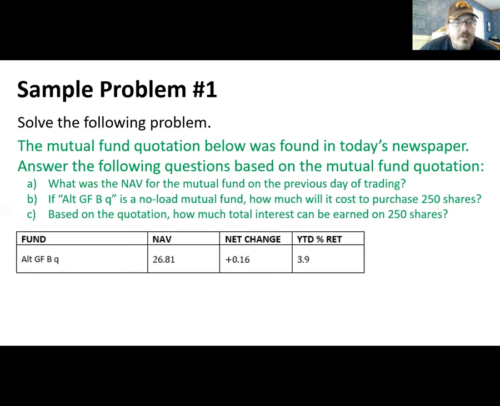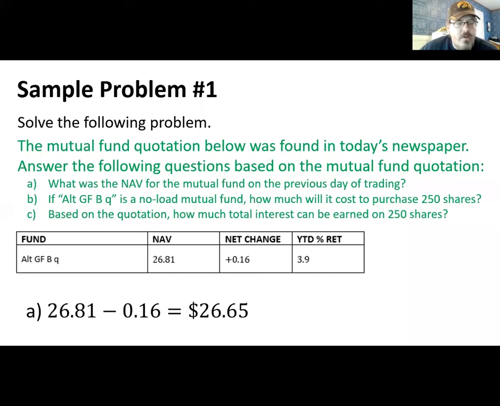Number one, let's start with part A, which is asking for what was the NAV on the previous day of trading. This is done just like we did with the stock and bond quotes. You take the NAV and the net change, and that net change tells you how it changed from the previous day. So when you put them together, you just do the opposite of the sign that is on that net change. In this situation, we're going to take today's NAV, 2681, minus the 0.16, which was the change.